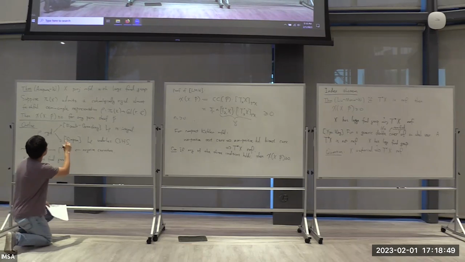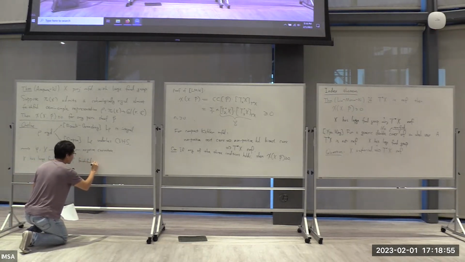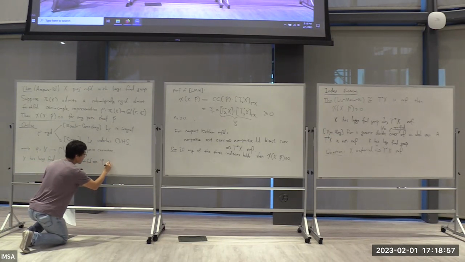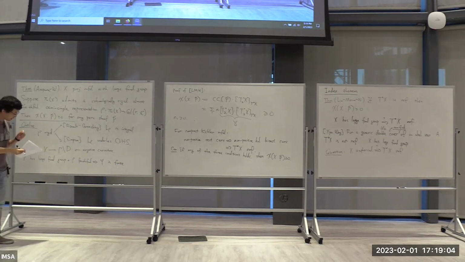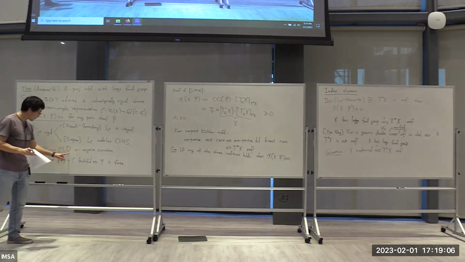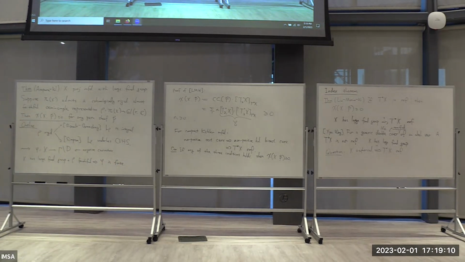And we know that rho is faithful or almost faithful. Let's just say faithful. That's fine. Because it just cannot collapse any positive dimensional subvariety. If it collapses any positive dimensional subvariety, that means the variation of Hodge structure restricted to that subvariety will be a constant family. That cannot happen.